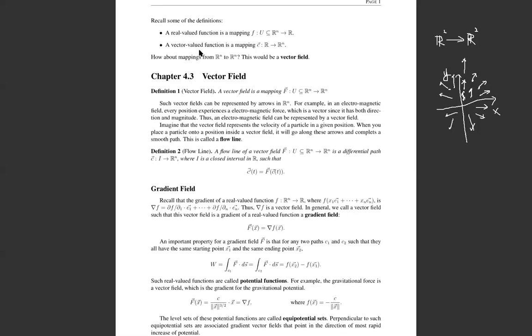For example, like here, if you drop a particle, let's say here, then it pushes in this direction, this direction, this direction, all the way again here. And this resulting graph is called a flow line.